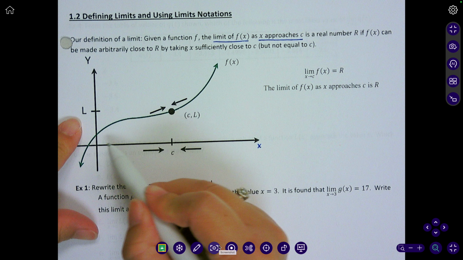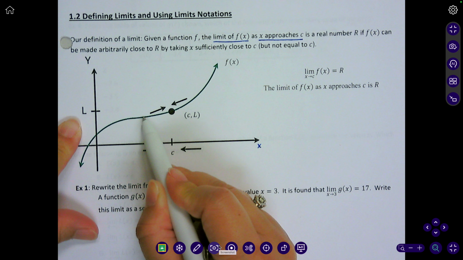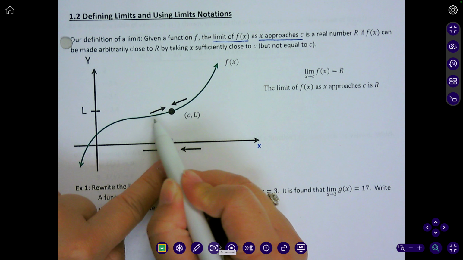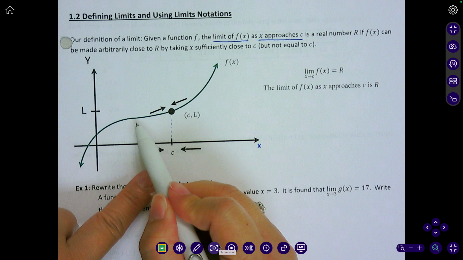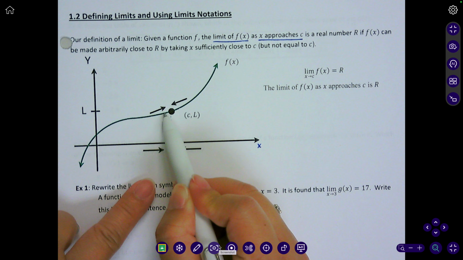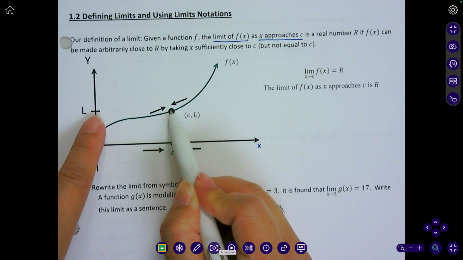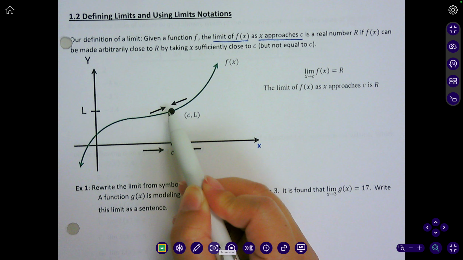If I follow this curve, I'm getting closer to c, because c is right here. You guys see that? As I get closer to c, my y value goes up to this number. In this case it is L, right? L can be any number we want. We just use a letter to represent that number.